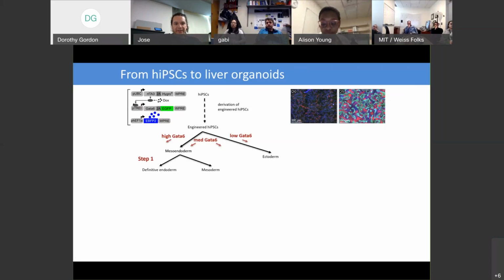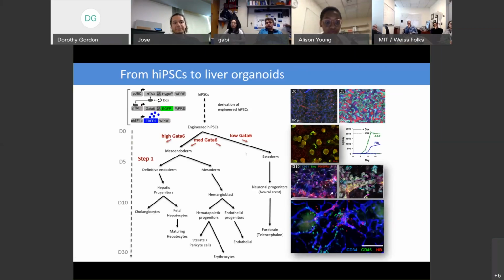Very interestingly, if you continue to grow these cells, the endoderm cells will mostly follow a fate towards hepatocytes. The mesoderm cells will preferentially become endothelial cells, but we have also observed evidence of hematopoiesis occurring in our organoids. And the ectoderm cells will continue to go into neurons, basically.